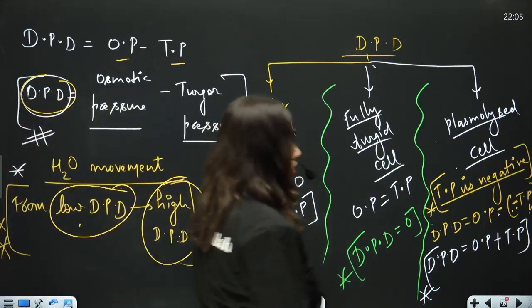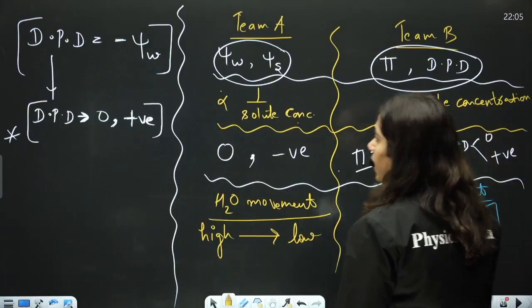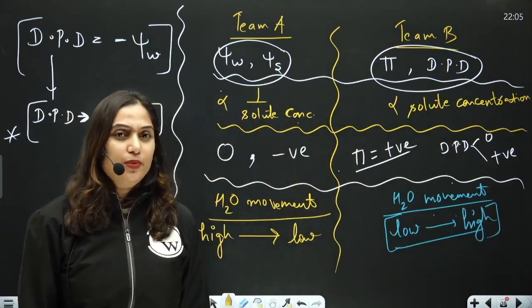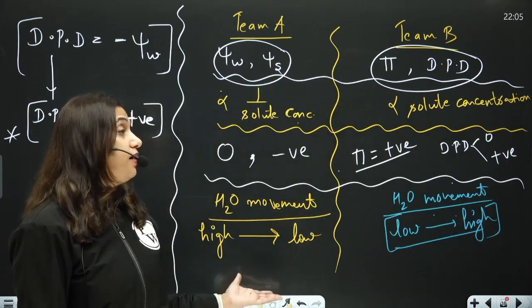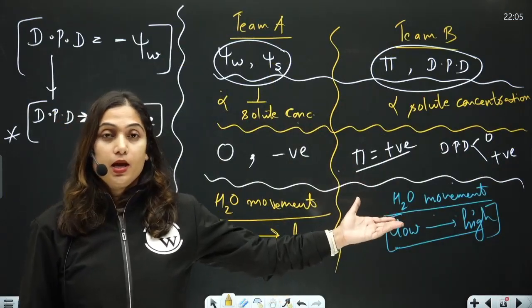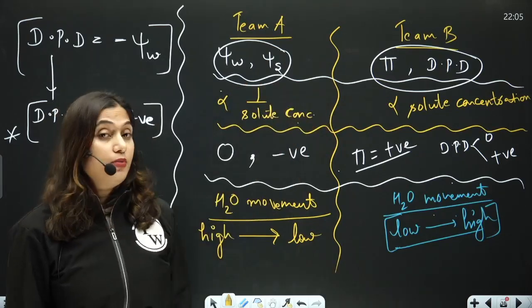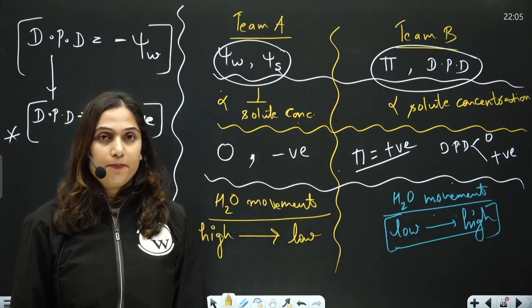So these are the three cases. Okay, now let's make a team. We have made two teams here, team A and team B. In team A, water potential and solute potential are there, and in team B, pi or DPD is there.